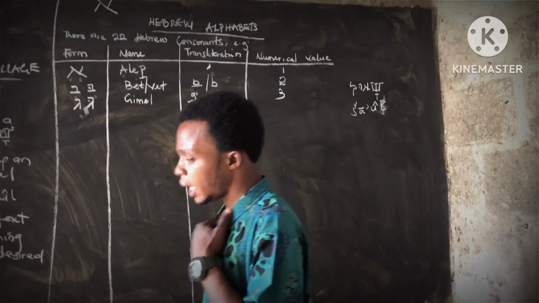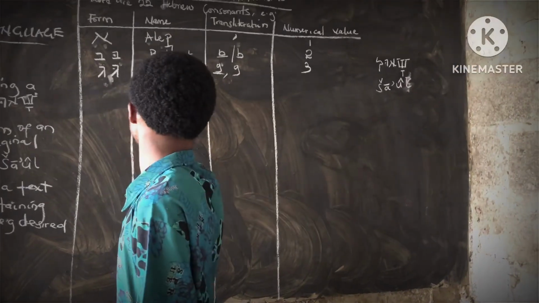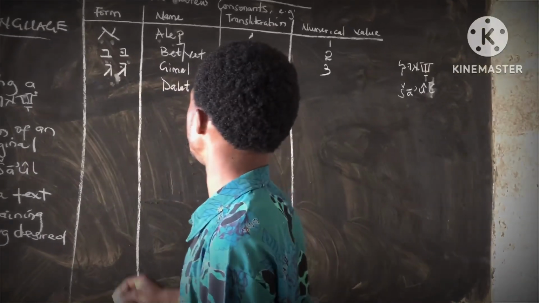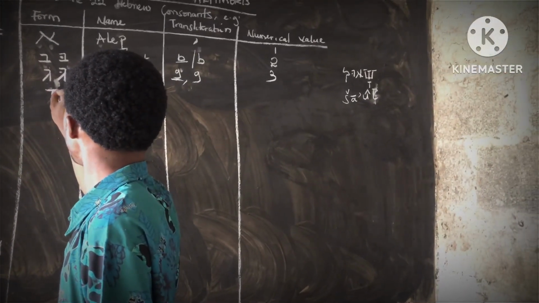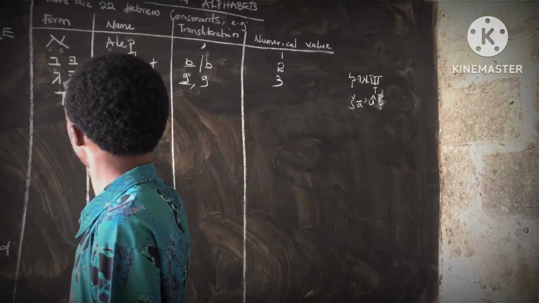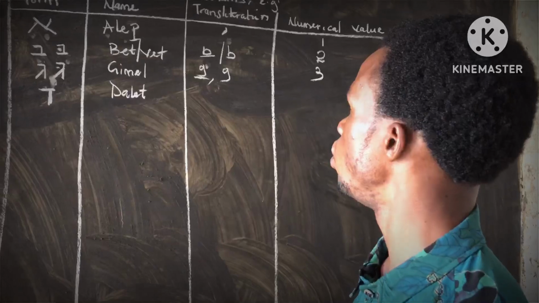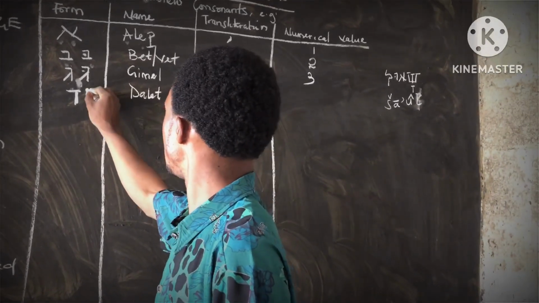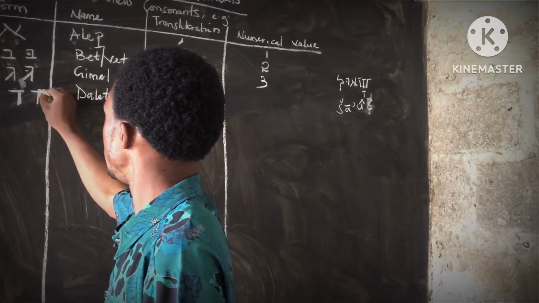And the fourth one is what we call Dalet. Dalet is simply written as this. We have two forms of Dalet too: the one that has no dagesh and the one that has a dagesh.